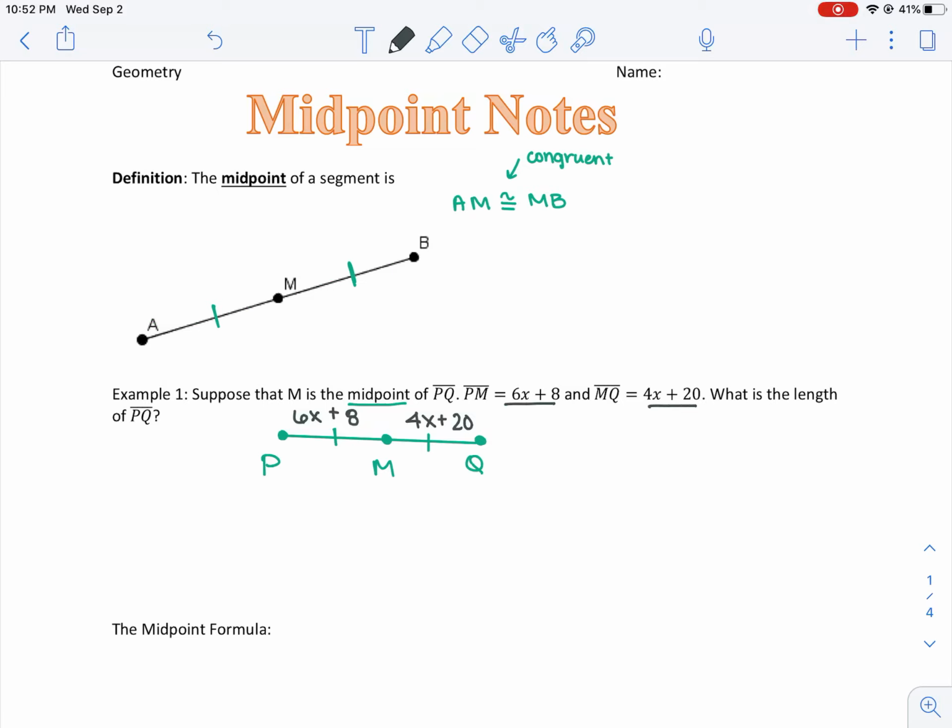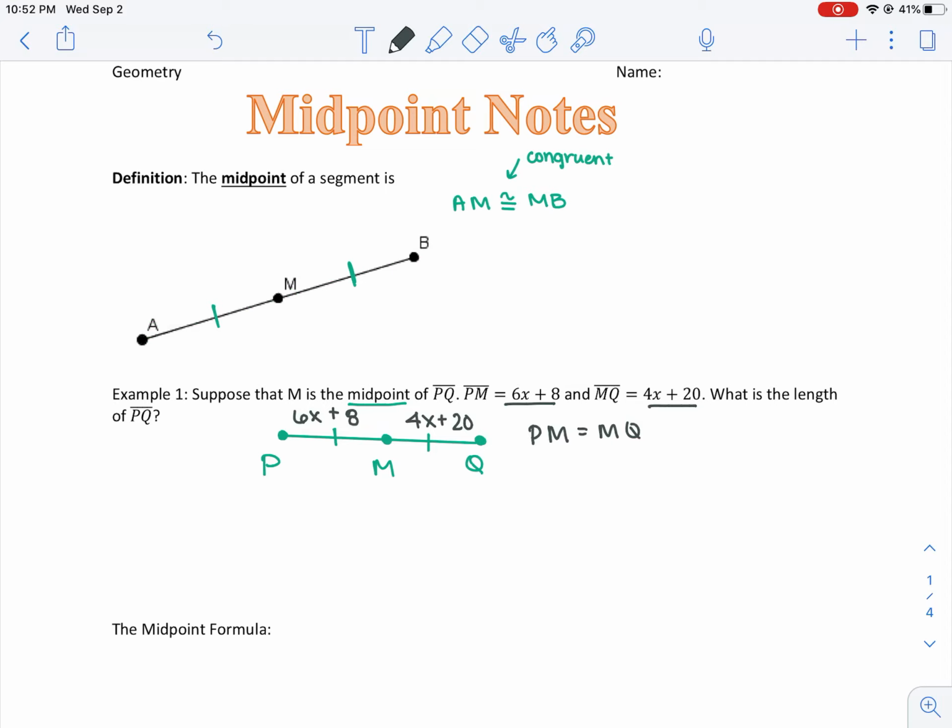Okay, so we can't do the segment addition postulate to solve for x, right? Because we can't do part plus part equals whole because we don't know what the whole should equal. But since I know M is the midpoint, I know that PM is equal or congruent to MQ, right?